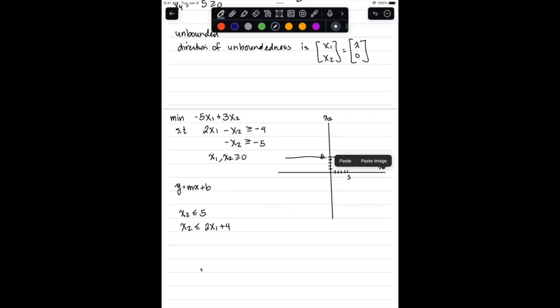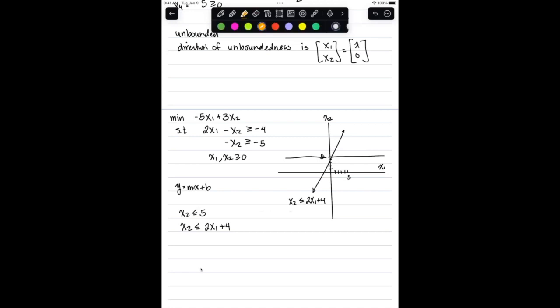Okay, and then our slope is 2 over 1. So we'll go up 2 over 1. So we have that little corner of that rectangle cut off. x2 less than or equal to 2x1 plus 4. Okay, and then we also do have the constraint that x1 is greater than or equal to 0, and x2 is greater than or equal to 0.